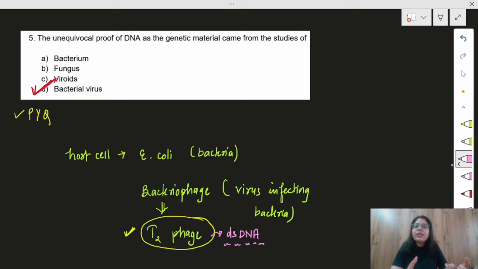So what is acting like the genetic material here? DNA. They are checking that DNA is acting like a genetic material in which organism, bacteria or virus? A virus that infects a bacteria, that is bacteriophage. T2 bacteriophage is used. Another name of this group of viruses which infect bacteria is bacterial virus. Okay, understood.